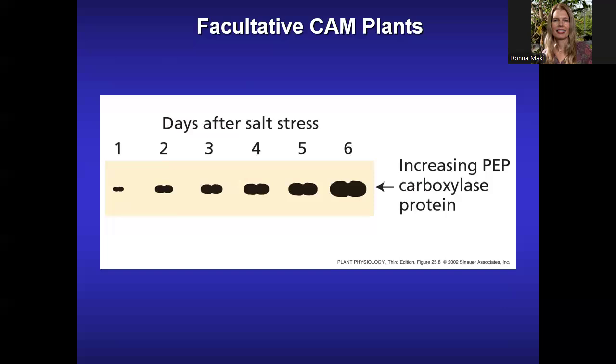These are facultative CAM plants, which means, remember, they can turn off the CAM pathway under good conditions. Well, you expose them to salt, that triggers their CAM pathway. And peptase is the kickoff enzyme for that. So you can see that it just keeps building in amount the longer that poor plant had to survive in that stressful salt condition.